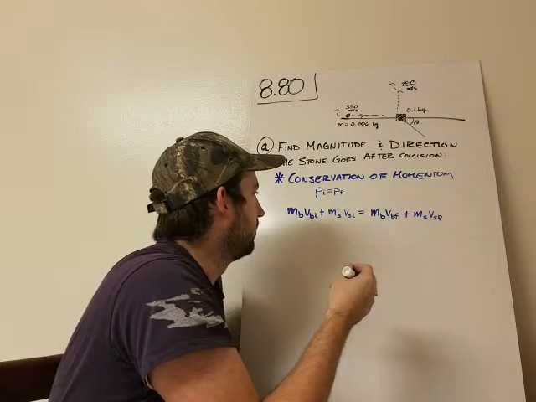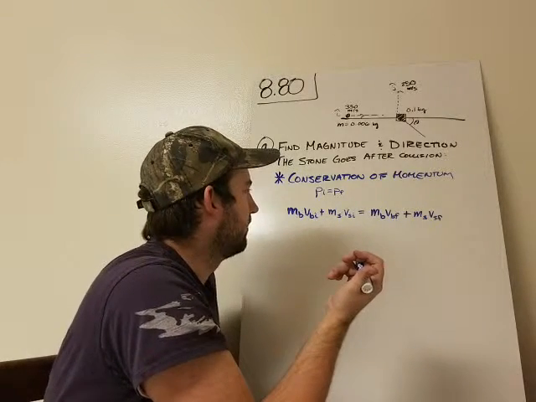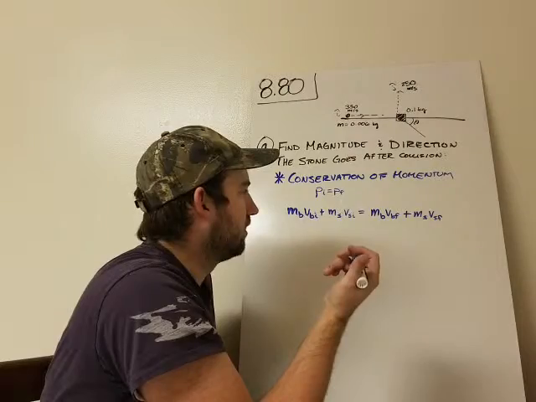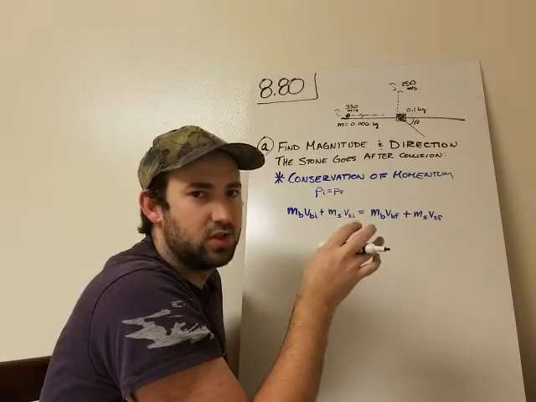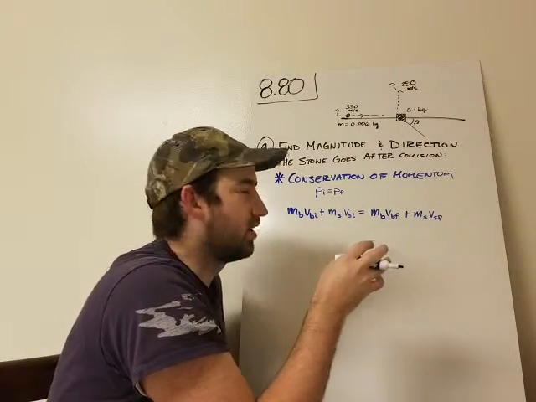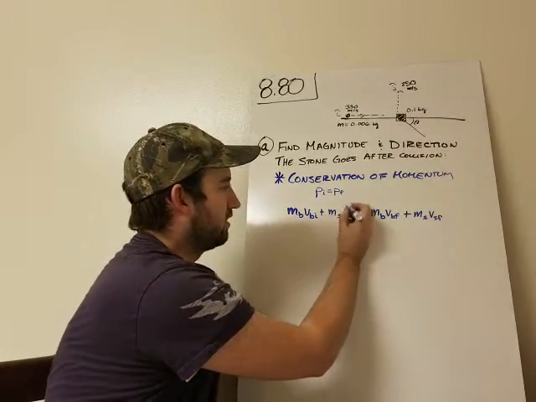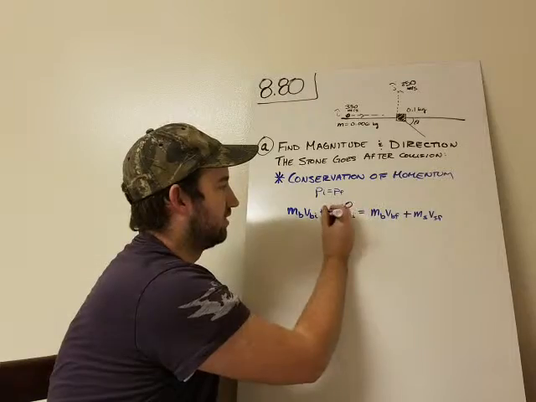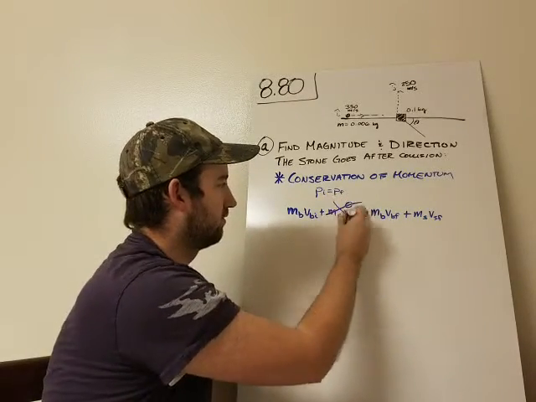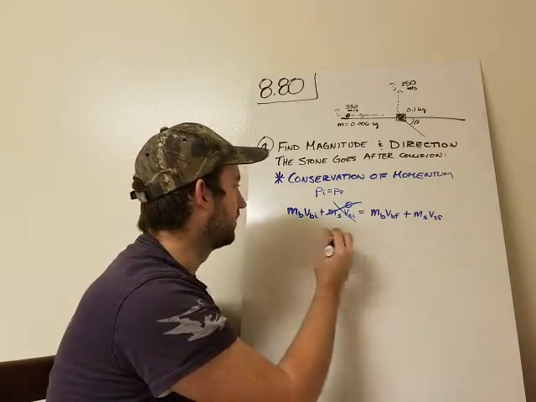Now what we need to do, first of all, looking at it, we know that the stone is initially at rest. It's not moving until the bullet strikes. So initially, this velocity is 0, which means we can just cross that whole part out, which is nice.